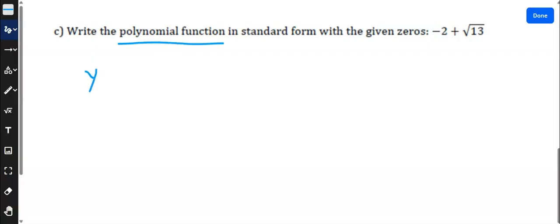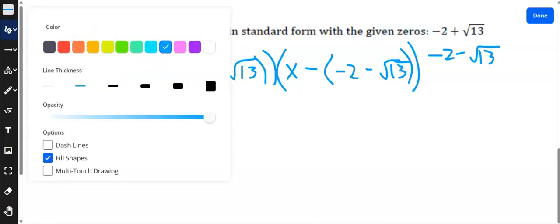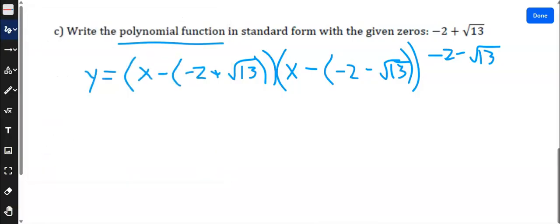So polynomial function, we know it's going to be y equals. It looks like we have negative 2 plus radical 13 and negative 2 minus radical 13. Okay, so x minus negative 2 plus radical 13 and x minus negative 2 minus radical 13. Okay, so now we're going to do that distributing thing, right? All right, so the negative 1 gets distributed, giving me x plus 2 and a minus radical 13.